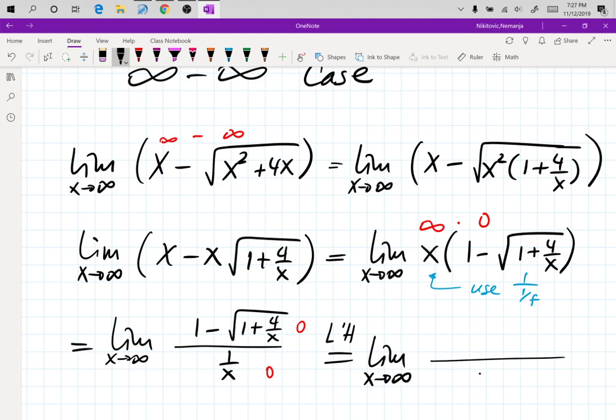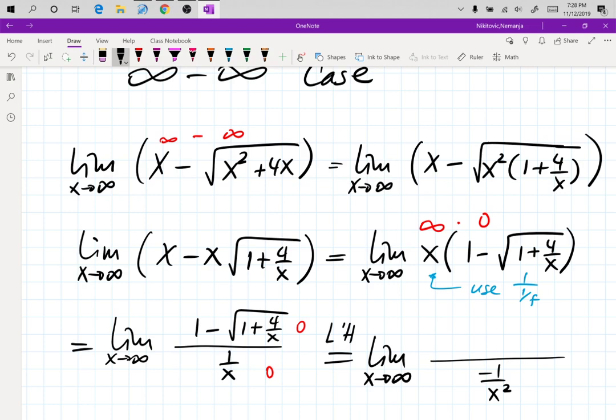Denominator is easy. It's just negative 1 over x squared. You memorized that by now. Derivative of 1 over x is negative 1 over x squared. It's all cool. Numerator is what we worry about. What do you have in the numerator? Well, you have 1 minus, well, derivative of 1 is 0, so don't worry about that. We have a derivative of a square root.